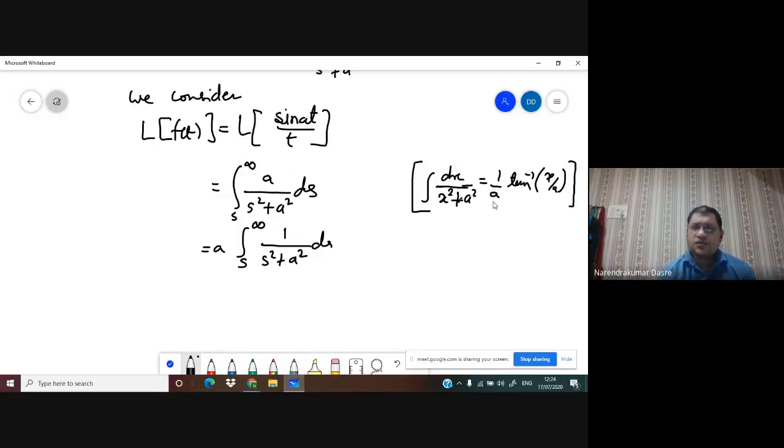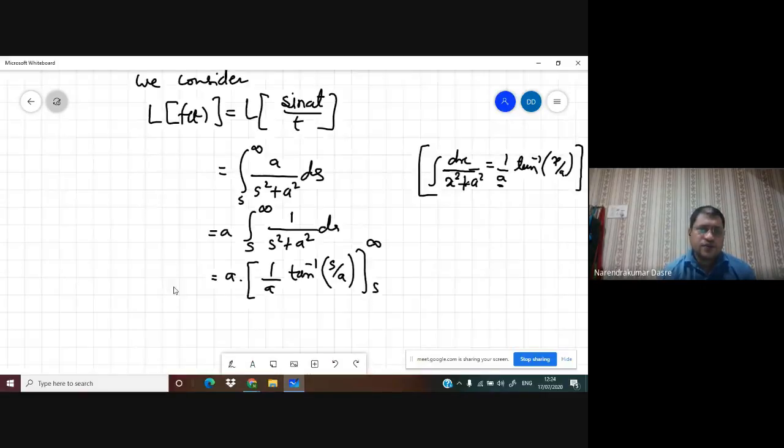This term is very important, so we have to be careful. Hence I got 1 by a tan inverse of, instead of x, I have s here, so s by a, and the limits are s to infinity.